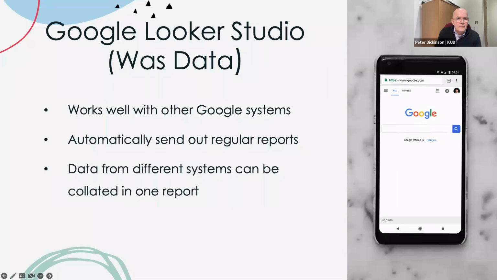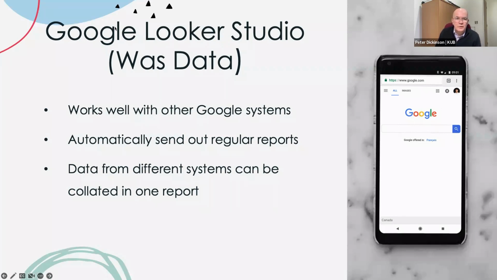So one of the problems we had as an agency is we had to report on all our clients, and obviously no client's going to pay you money to sit in front of a screen compiling nice reports. That's not what they're paying you to do. They're paying you to make things different. So we use Google Looker Studio, but it was called Data Studio.